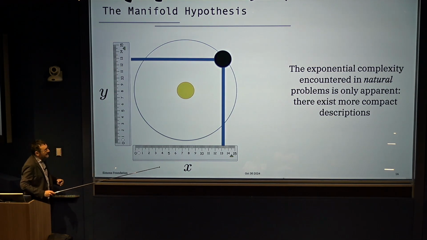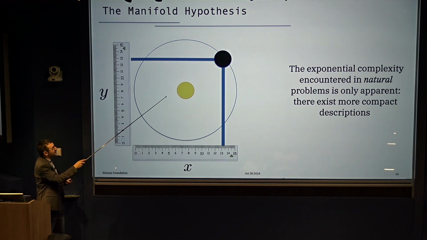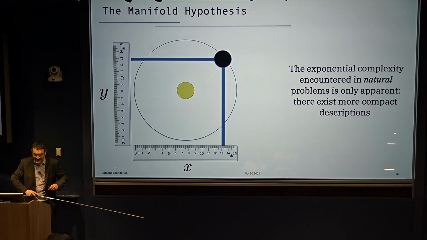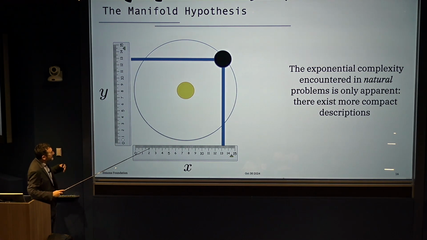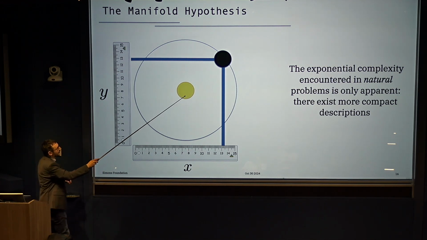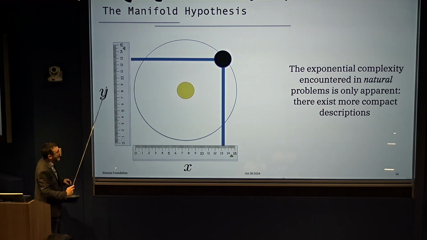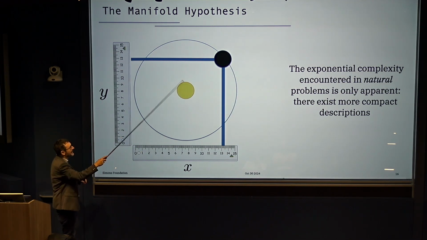To give you a very simple, simplistic example, think about a planet rotating around its sun. For simplicity, it's a circular orbit. In general, to describe this motion, you will need, in principle, two coordinates, x and y, so essentially where this planet is on this plane.